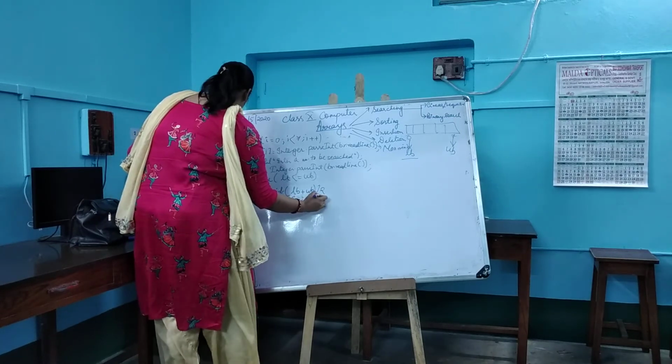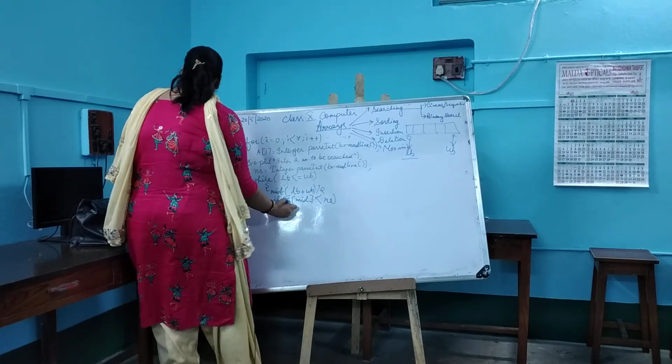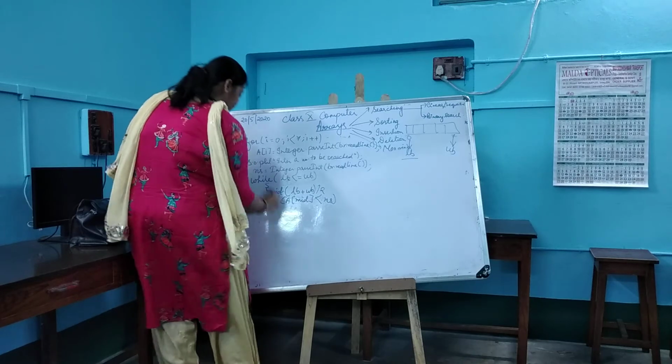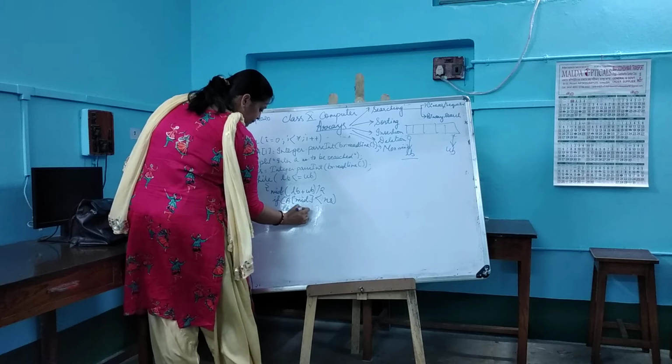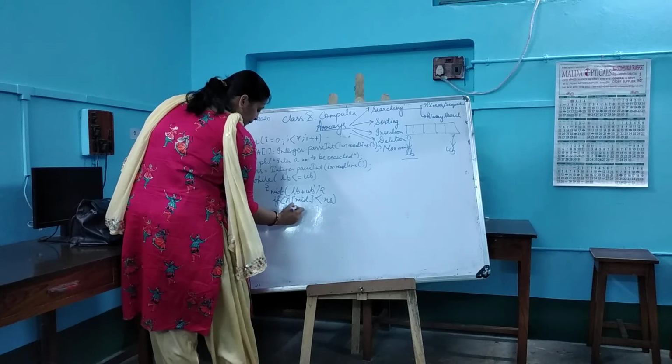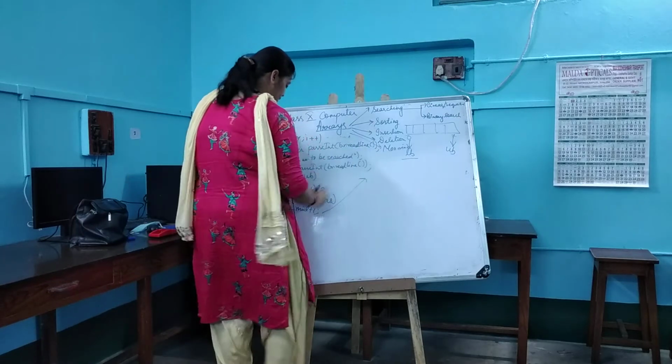At the mid position, if the number is less than the number you are searching, then in that case LB equals to mid plus 1. I'm continuing over here.